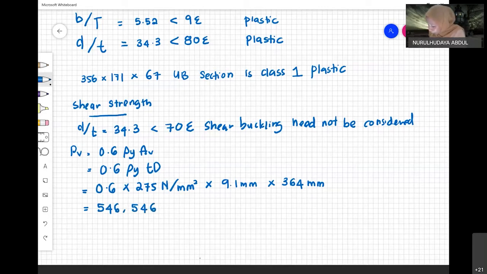Units is Newton. This one in Newton, we convert it into kilonewton. And then we have calculated PV. So this is the shear capacity. The beam can support up to 546 for shear.